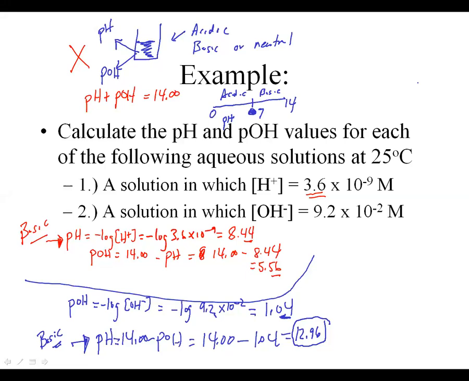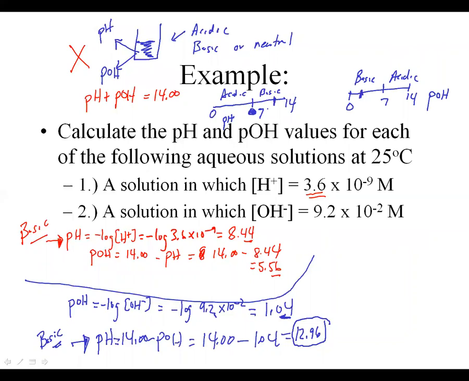If it's above 7, it's acidic. So when we look at both of the scales, when we look at, say, the last one, the pOH was 1. So if you went to the actual pOH scale, that would be here-ish, which tells you it's basic. The pH for that same solution was 12.96, which would be here on the pH scale, which is also basic.